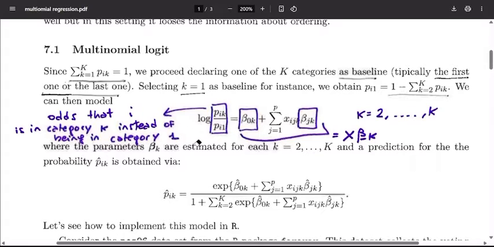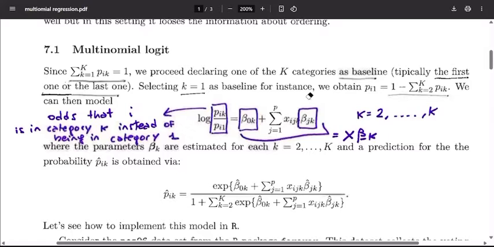But what we need to do is to have a reference. If you take a look at this, I have log of pi_ik divided by pi_i1. The one that I reference is the one that will be in the denominator. I'm going to say that again. The category that was referenced will be in the denominator. Then the one in the numerator will be the other levels with respect to the one that I've referenced.